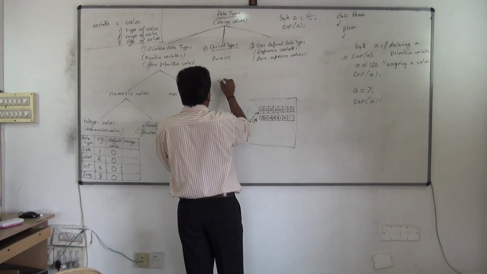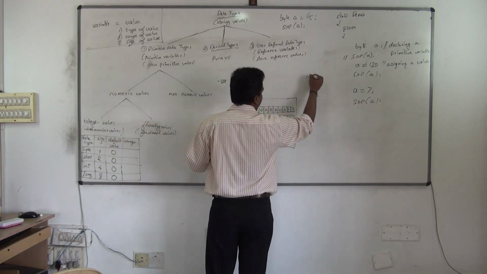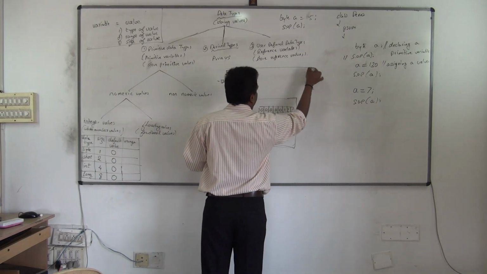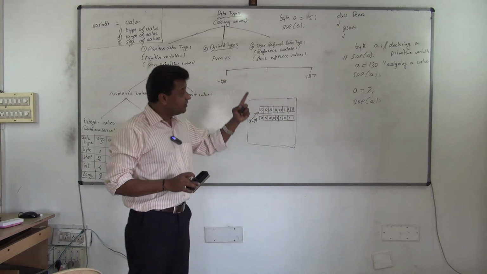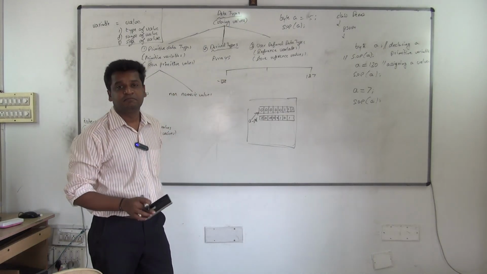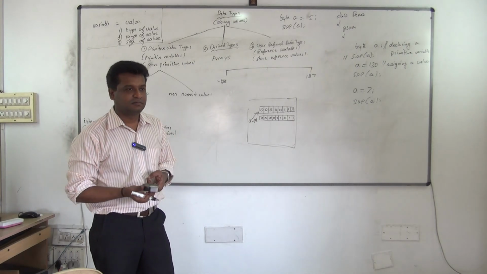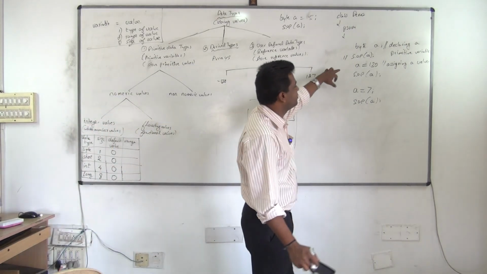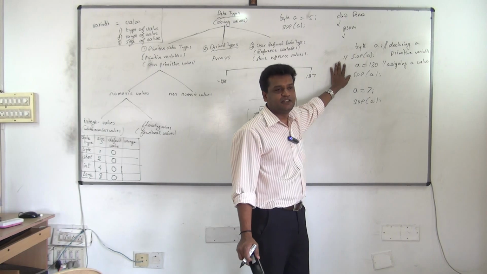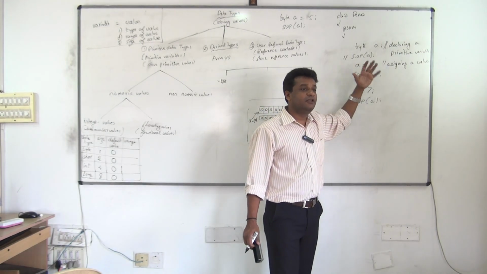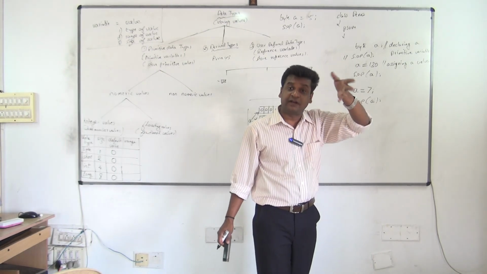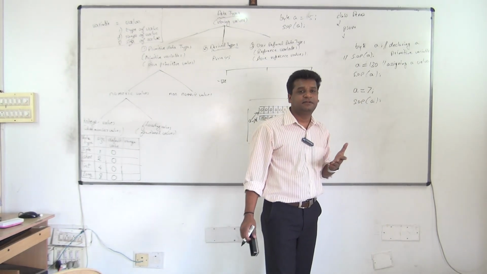Okay, what is the range now of byte? This is the range. Is 130 within this range? What will happen? It cannot store. And when is this problem reported? Compilation time. See how powerful the compiler is. During compilation only it checks: are you giving the correct type of value to the correct type of variable?